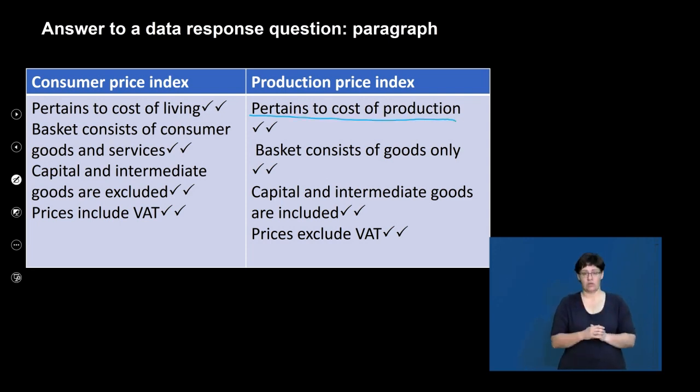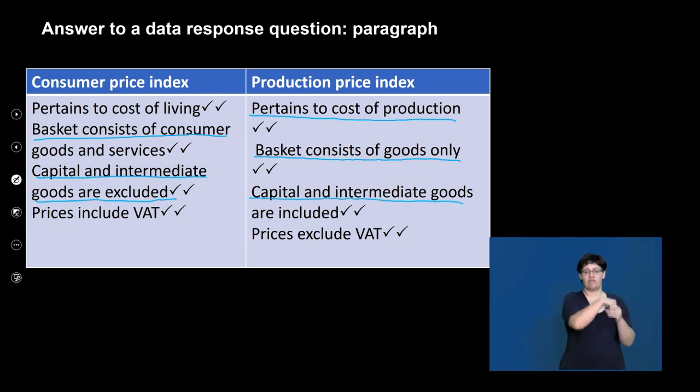You earn marks, you earn 2 points there. And then the basket typically consists of consumer goods and services, while the other basket consists of goods only. Capital goods and intermediate goods are excluded from consumer price index, and producer price index includes capital and intermediate goods.